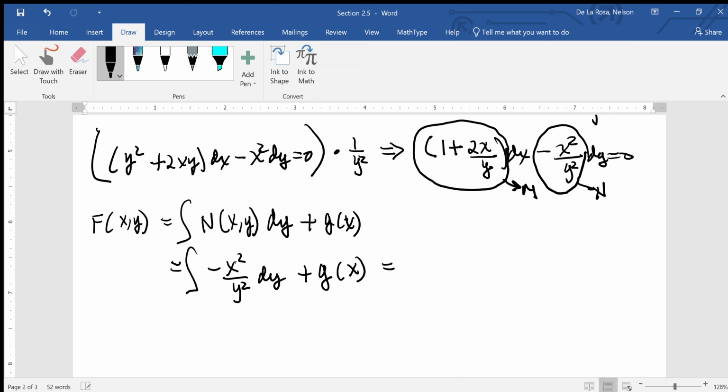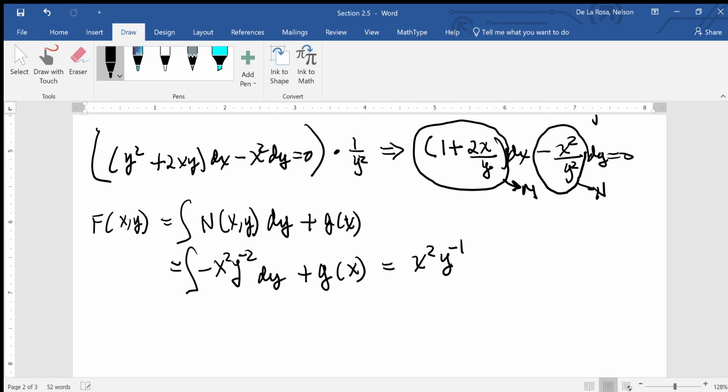So the integral of negative x squared divided by y squared in terms of y, well, it's convenient to rewrite this y squared by bringing it to the top. So we're going to obtain x squared, y to the negative 1.